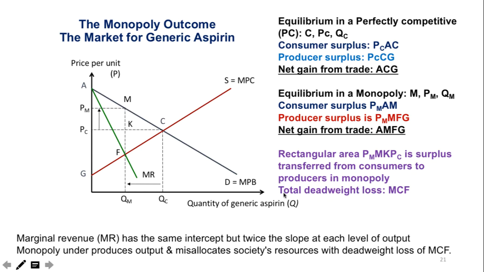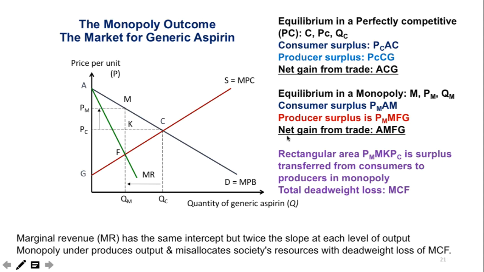But then there is actually a deadweight loss of MCF that nobody gets. We call this deadweight loss MCF the welfare loss that nobody is getting. So the total net gain in monopoly is smaller.